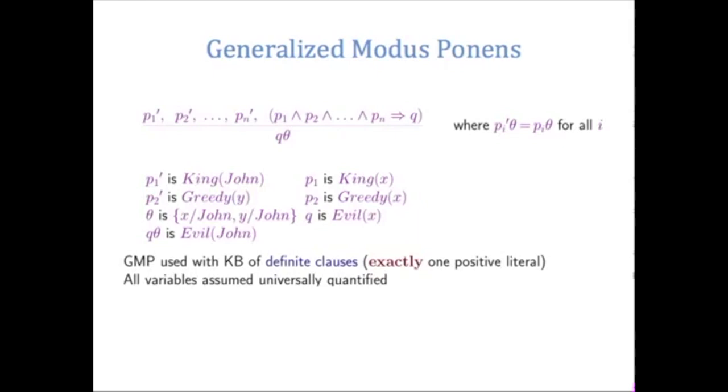It's not just the specific modus ponens of a specific set of propositions, but rather modus ponens generalized to sentences that have variables in them. So here's what I mean. Let's say we have a set of sentences or clauses, P1 prime, P2 prime, and so forth, where we've applied a substitution theta to either make the terms directly ground or to produce a binding that will effectively make them ground.